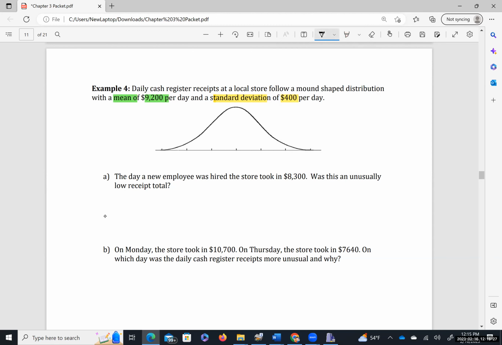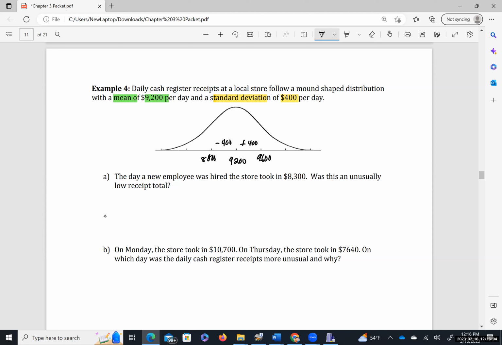So you put the middle one as 9,200, right? And each standard deviation from the mean, adding 400 or subtracting 400, takes you to the next level, like from 8,800 to 9,600, and so on.